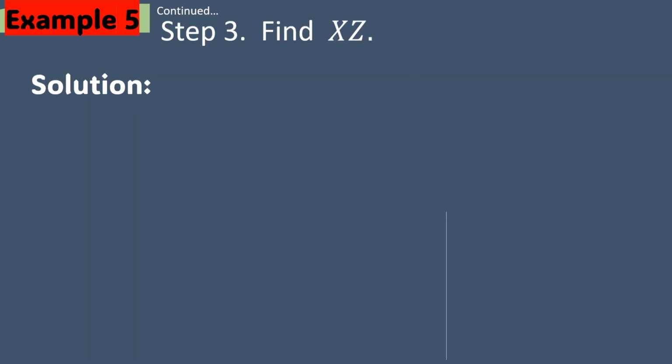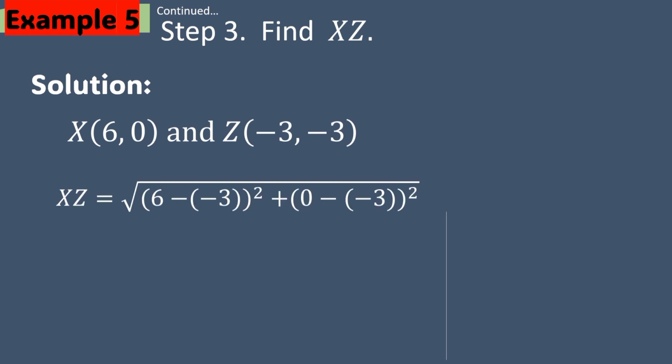Step 3, find XZ, the third side of the triangle XYZ. Using the coordinates of XZ, substitute the values to the distance formula.